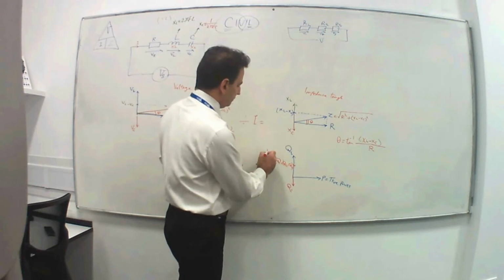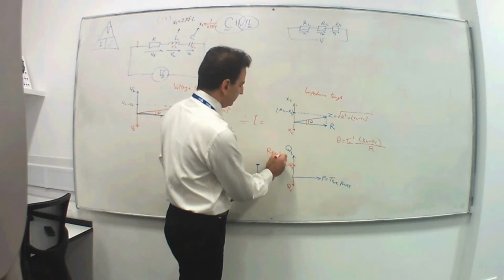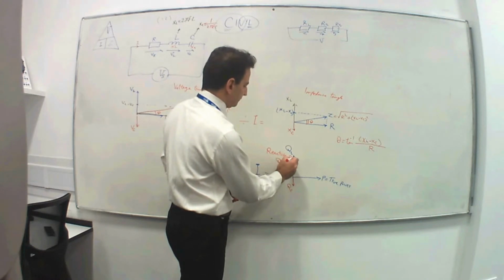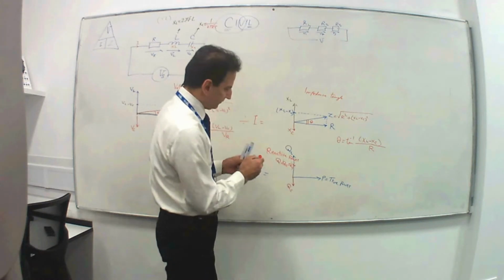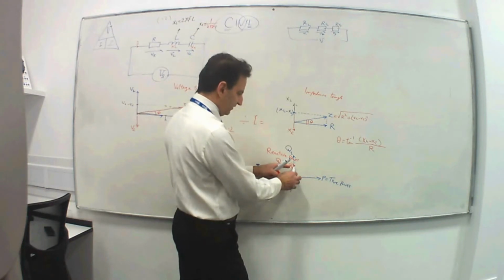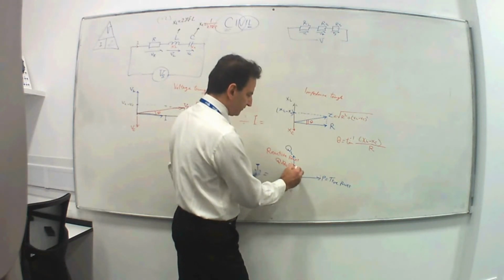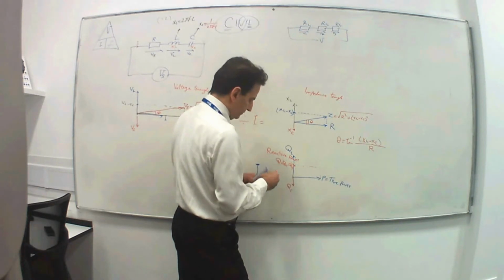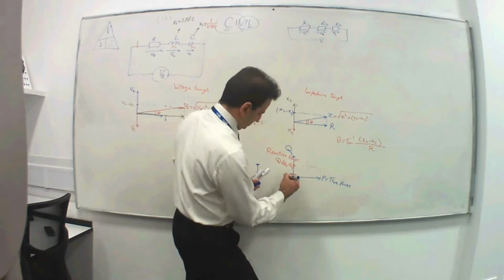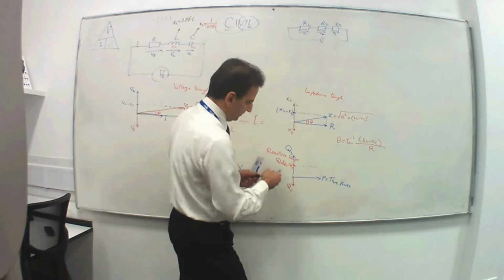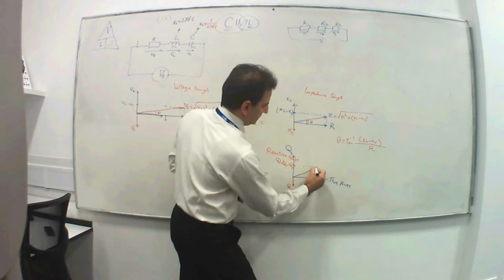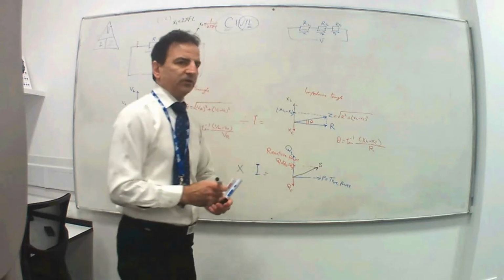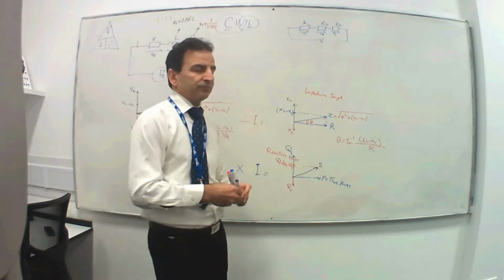That is your overall reactive power. And the resultant between this and the true power, if you draw arrow lines and join these two points, that is S, and that's apparent power.